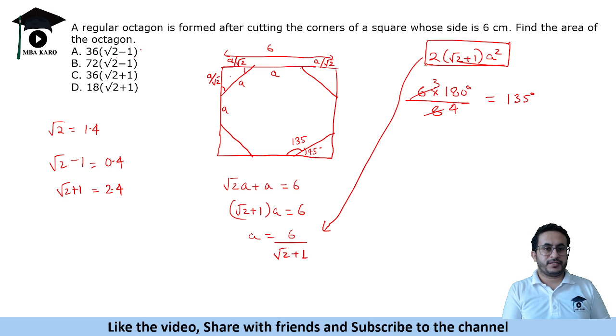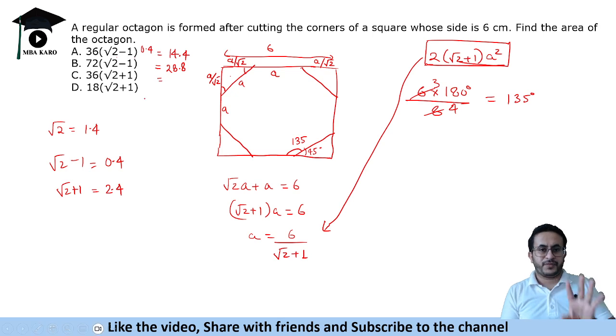So 36 into 0.4 is how much? 14.4. 72 into 0.4, double of it, 28.8. 36 into 2.4, that will be a very large value, 18 into 2.4. Now before even calculating these values, let us see the area of this square. Area of square is 36.